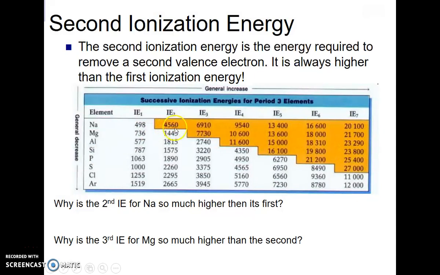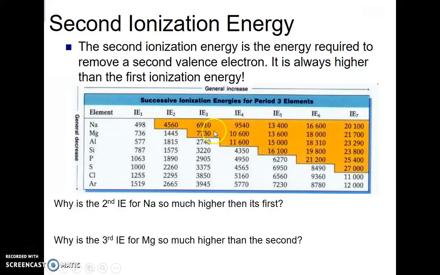Now if you look at Mg, you'll see that the big jump doesn't actually occur at the second ionization energy. It occurs at the third ionization energy. Why is it different? Well, magnesium has two valence electrons. So the first electron that you remove, you're removing from the third energy level, and the second electron that you remove is also from the third energy level.